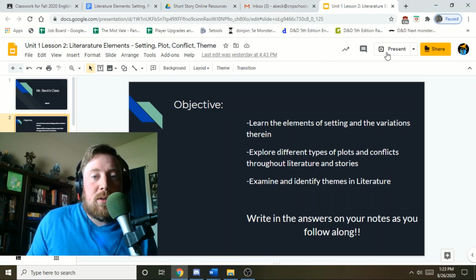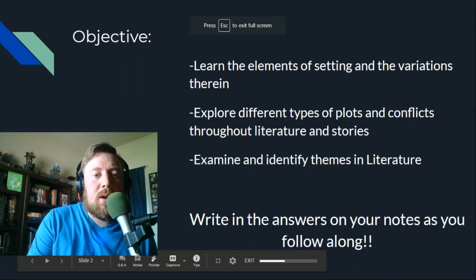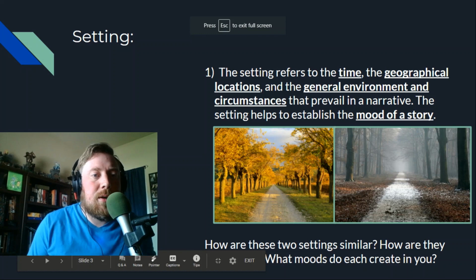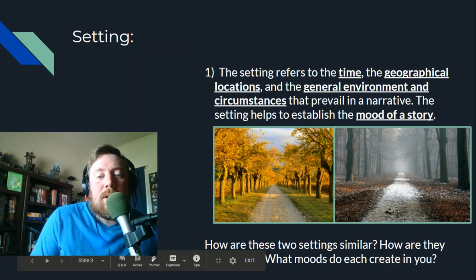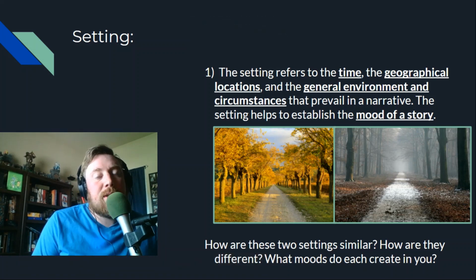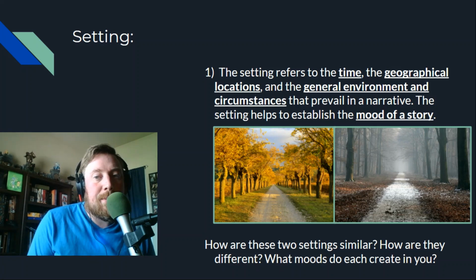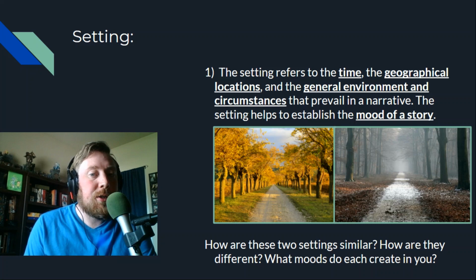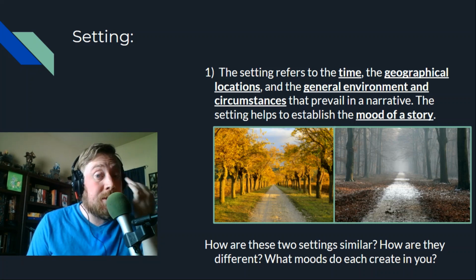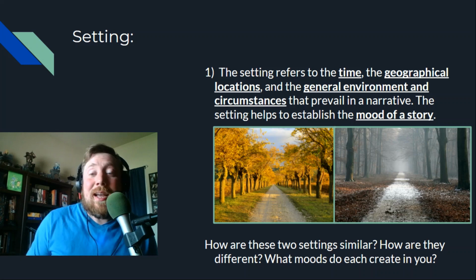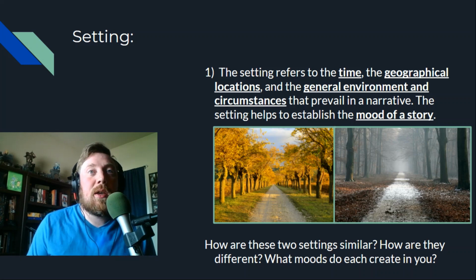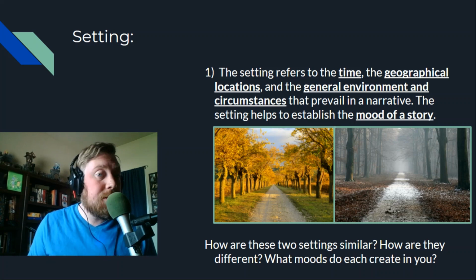Okay, so moving on to the very first thing, let's go over setting. You guys have talked about setting, and you know that setting is basically time and place. So you know that the setting refers to the time, the geographical locations, and the general environment and circumstances. And what I mean by general environment and circumstances is that you could have a setting that is as simple as 1940s New York, right?